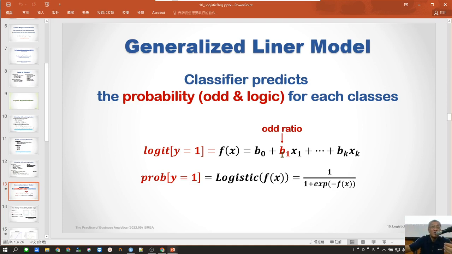Okay? So if you smoke one more cigarette, your probability of getting cancer is increased by 10%.